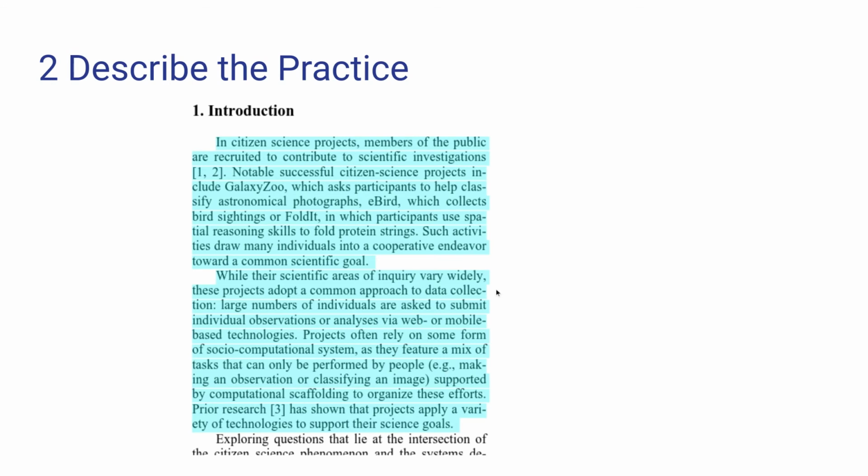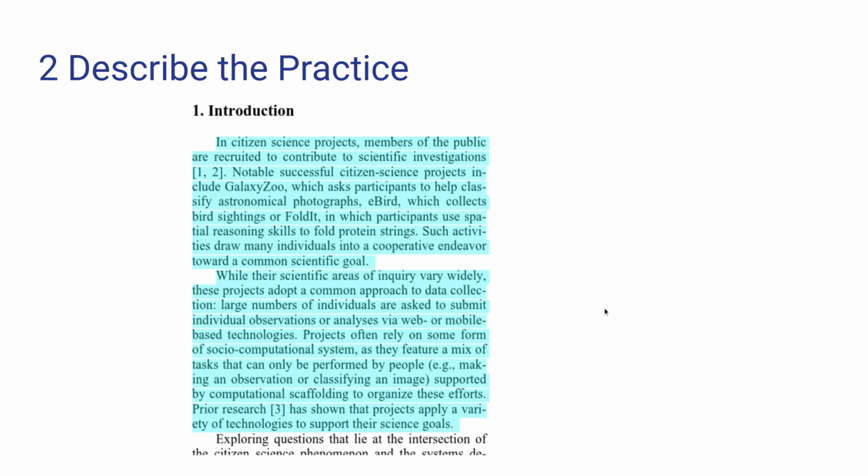And in fact, in this example paper, the practice is described directly in the very beginning of the paper. They're talking here about citizen science. Members of the public are recruited to contribute to scientific investigations. They can help classify astronomical photographs and birds and so on.